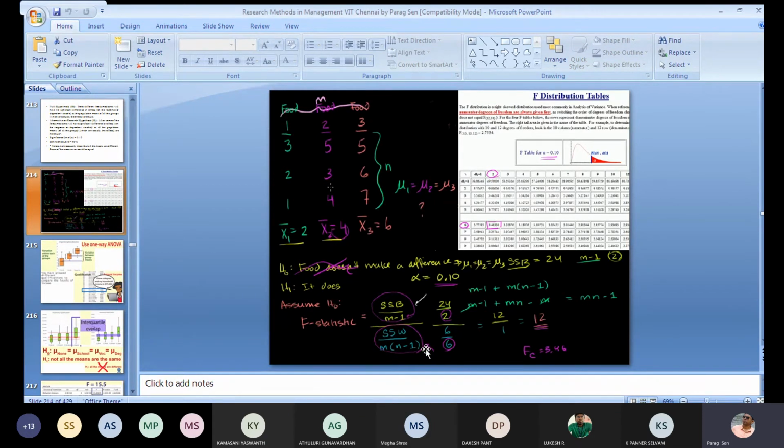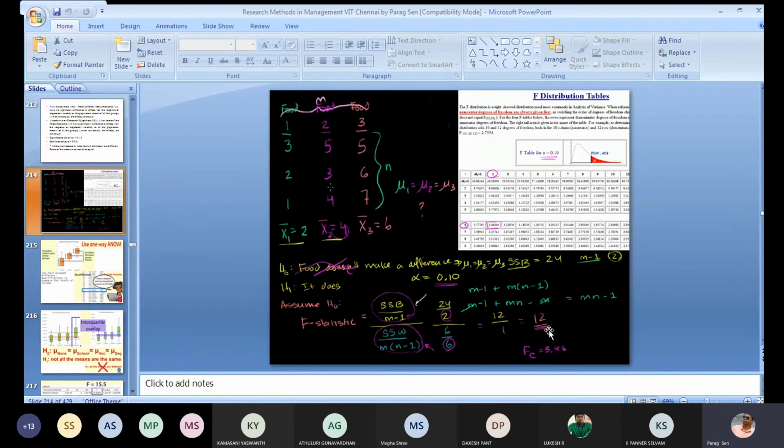You need to divide by the degrees of freedom because the variance depends upon the degrees of freedom. The more degrees of freedom you have, the larger the variance becomes. That's why we divide by the degrees of freedom, and you get the F statistic value of 12.